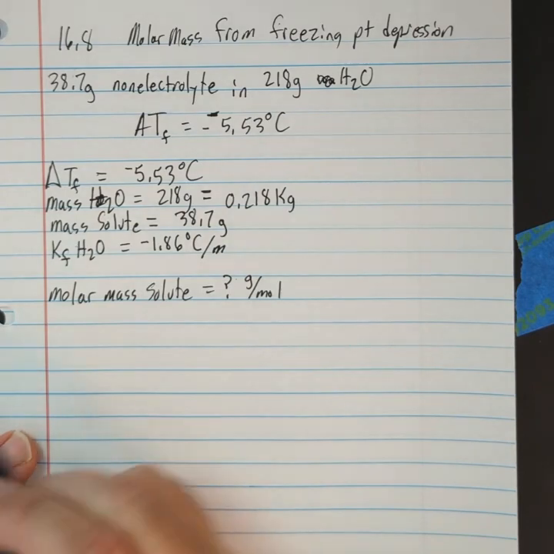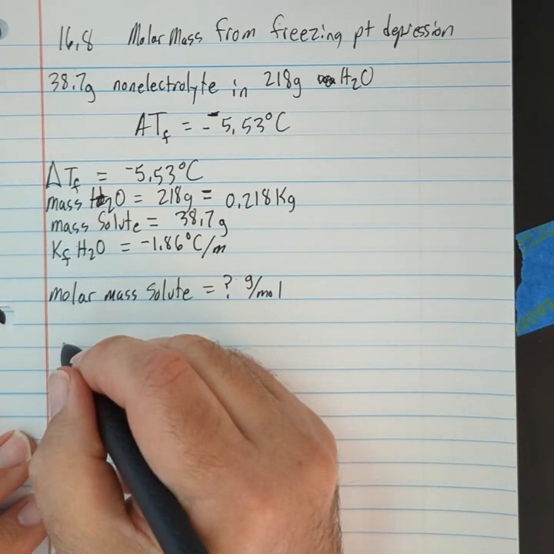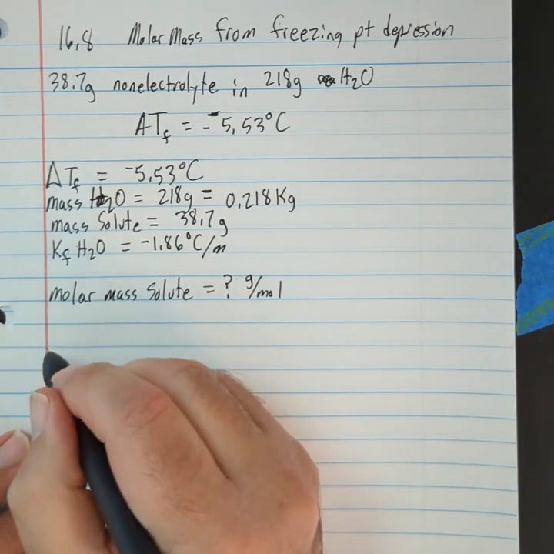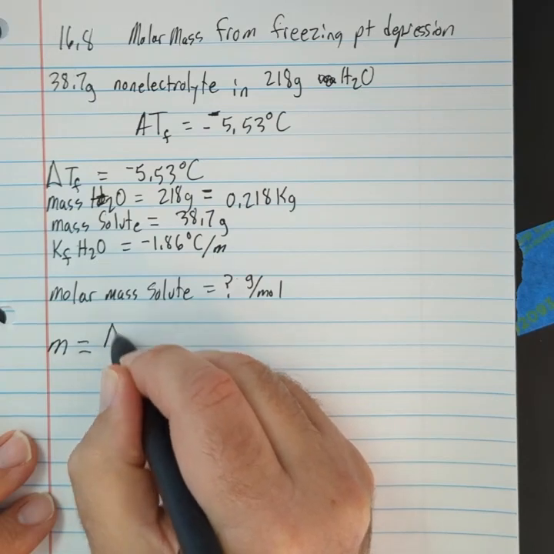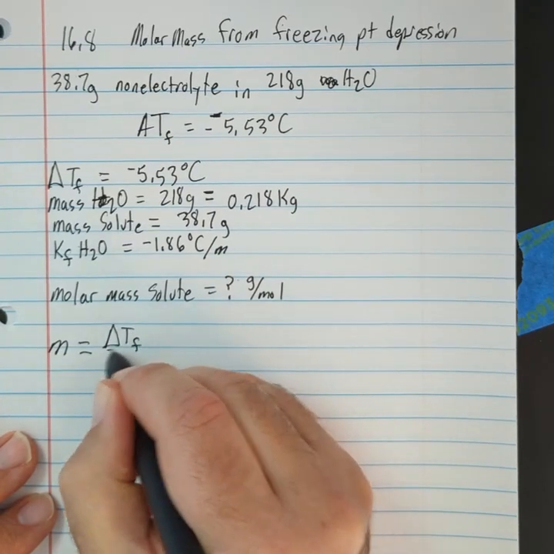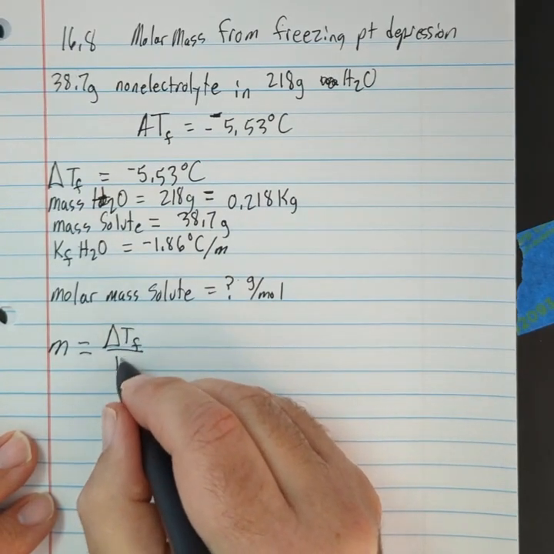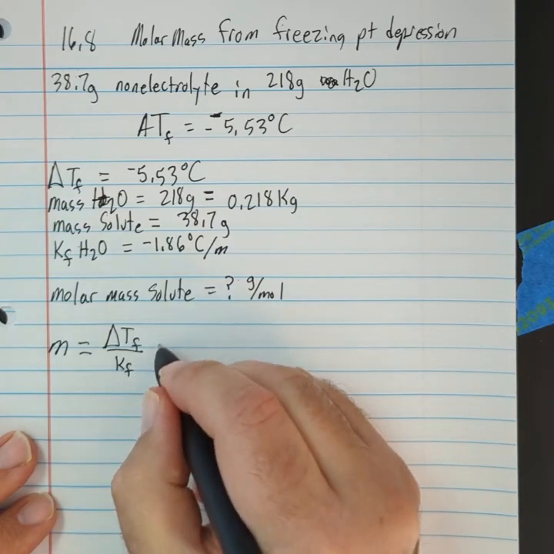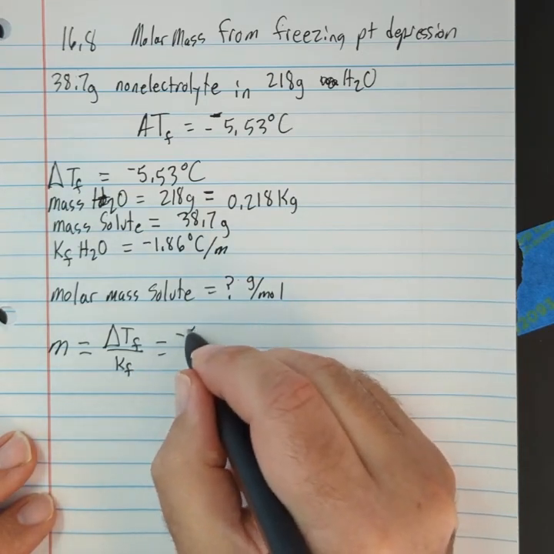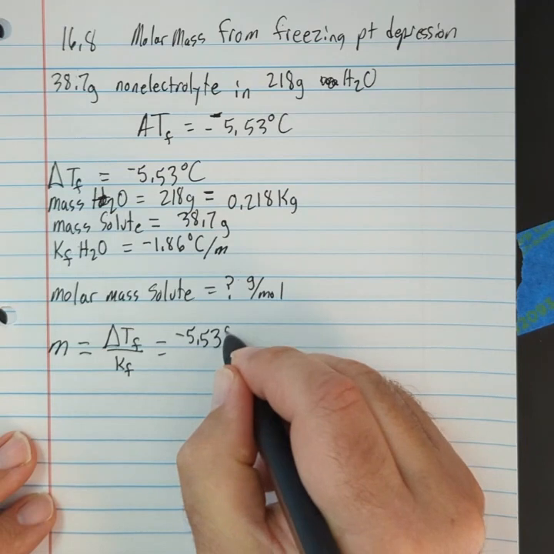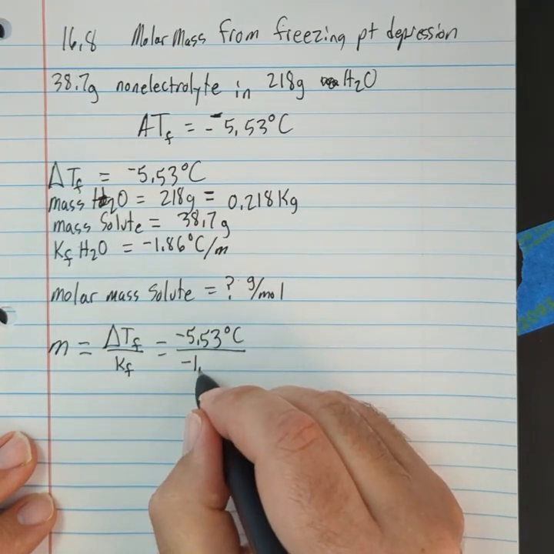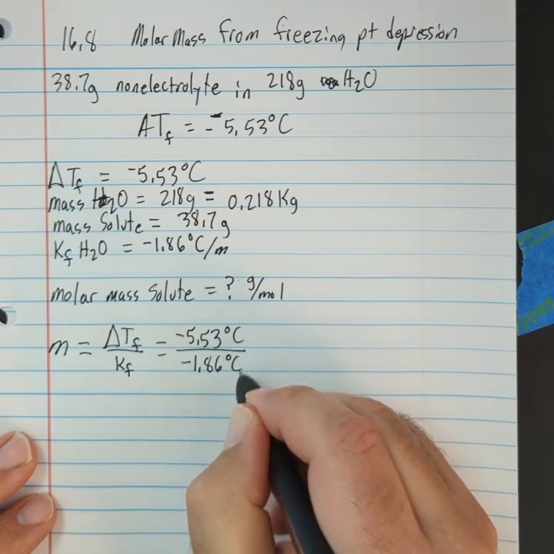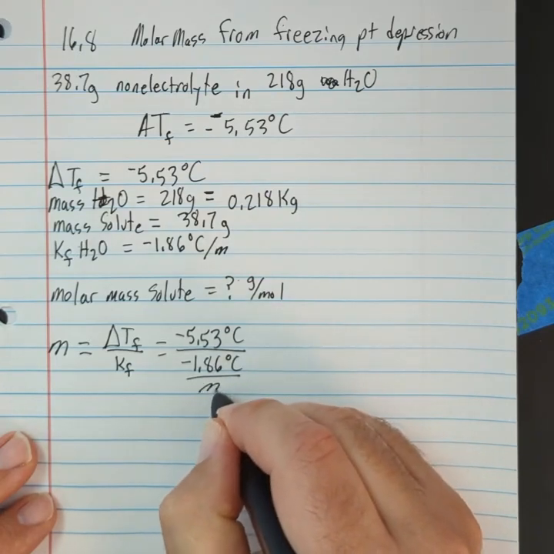We're going to take our equation and rearrange it so that the molality is equal to the change in freezing point divided by the freezing point depression constant. So we're going to say negative 5.53 degrees Celsius divided by negative 1.86 degrees Celsius per molal.